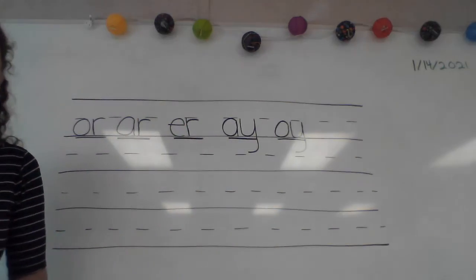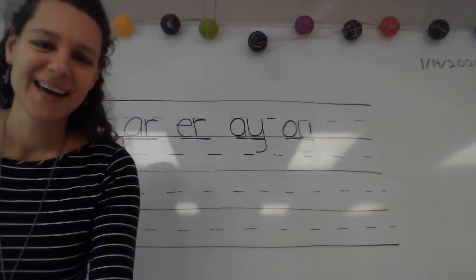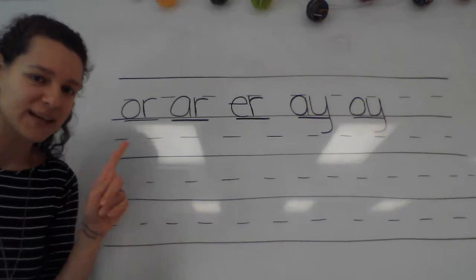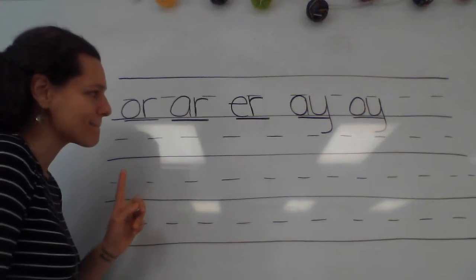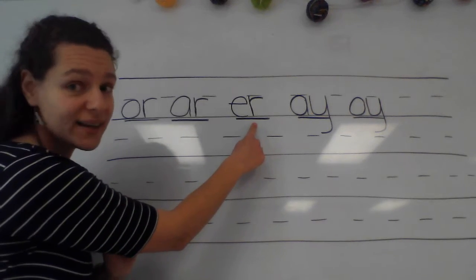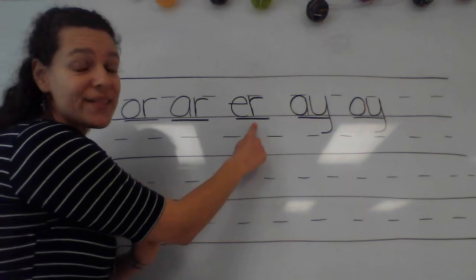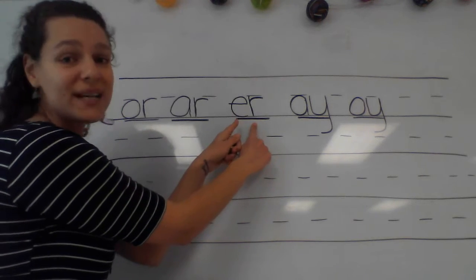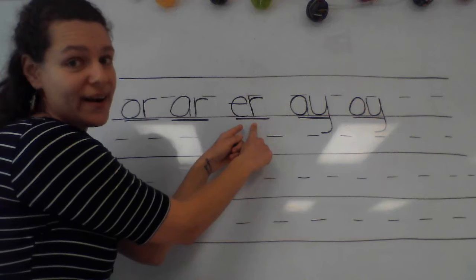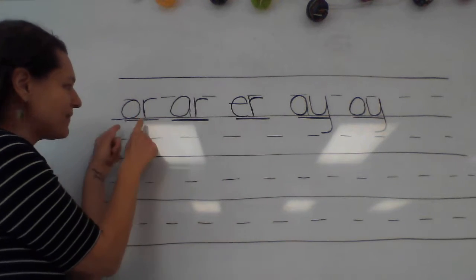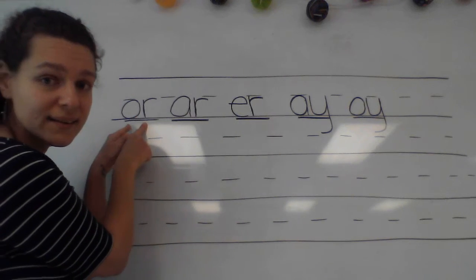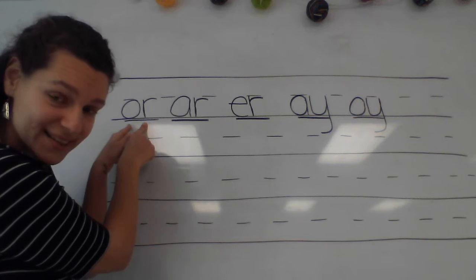All right, so before we move on to our words, let's review those phonograms, but be watching because I might mix it up on you. What's this one? All right, the of her. Say it with me one more time. What is it? The of her. All right, how about this one? This one is or. What is it?